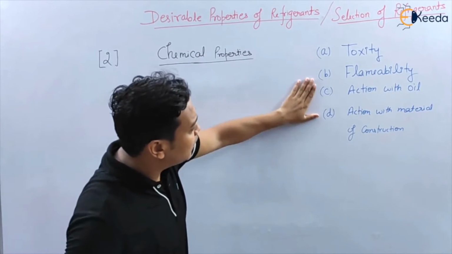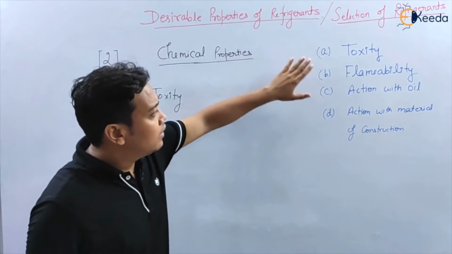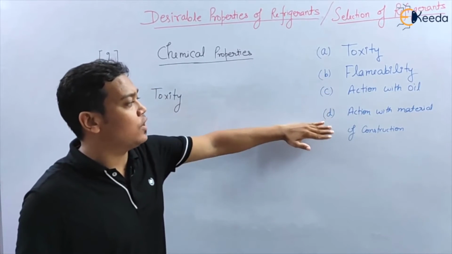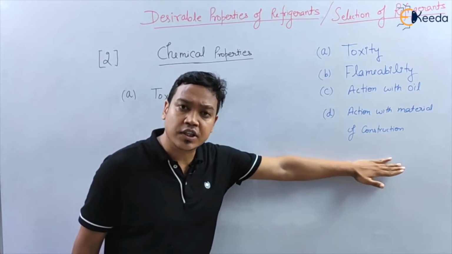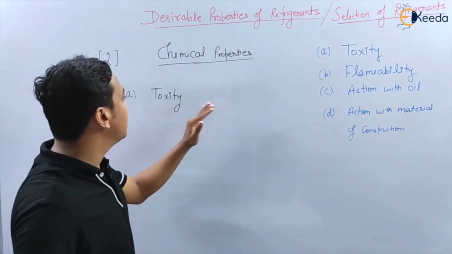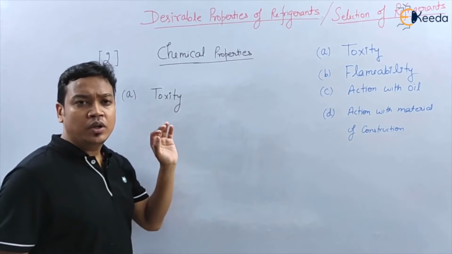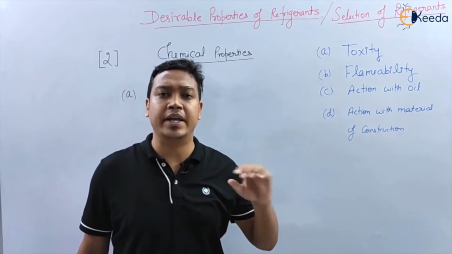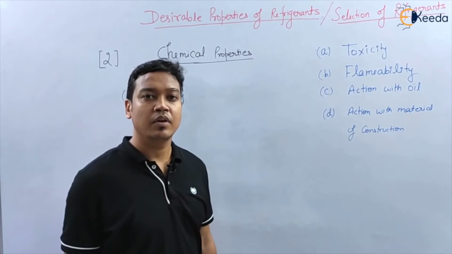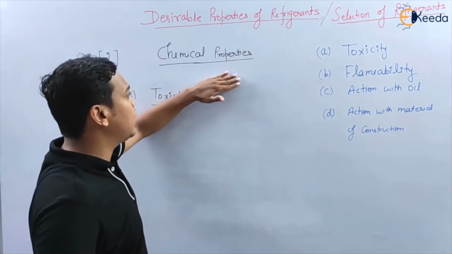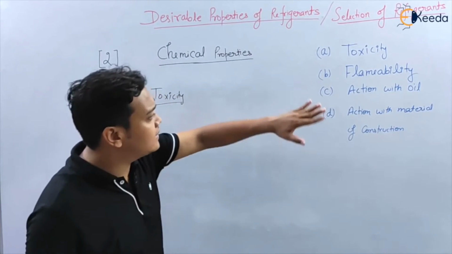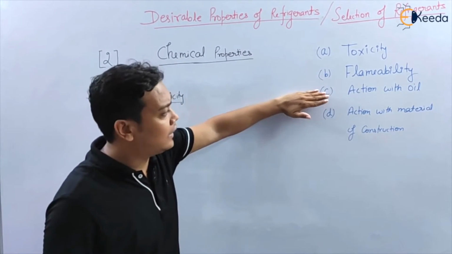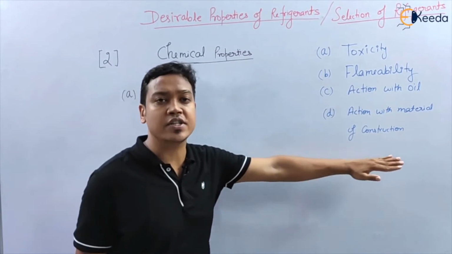These are the chemical properties: toxicity, flammability, action with oil, and action with material of construction.